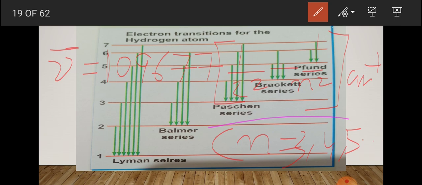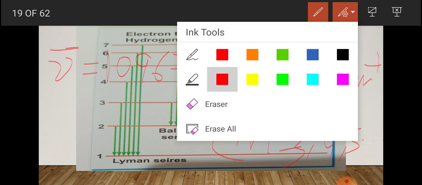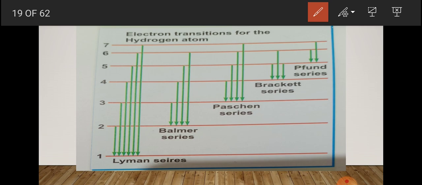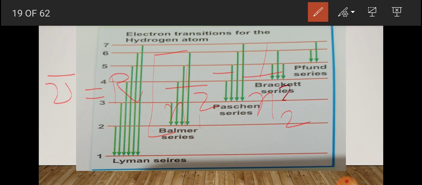Rydberg gave a very simple expression for the calculation of the wavelength of various lines in the hydrogen spectrum. This is your wave number. Nu bar is equal to R, where R is the Rydberg constant, into 1 by n1 square minus 1 by n2 square.